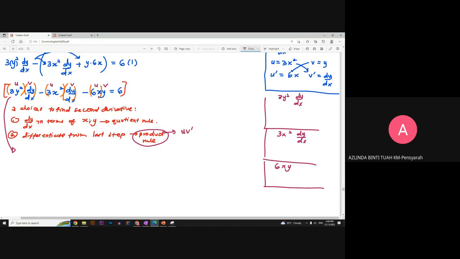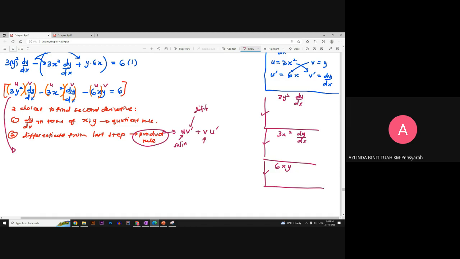U V prime plus V U prime. Okay, cara dia, ini cara orang cepatnya. Siapa yang tak boleh nak catch up, nanti perlu buat satu persatu yang ini. Itu kalau tak boleh nak catch up. Untuk yang cara cepat ni, cara dia adalah kamu akan salin differentiate.